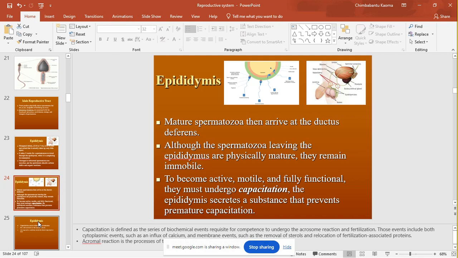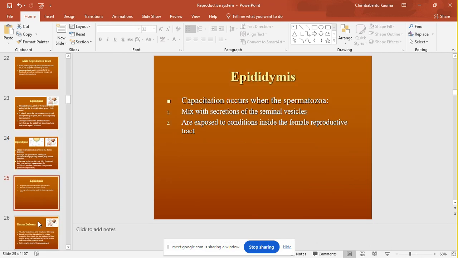And we did say that for them to become active, they must go through a process known as capacitation, and it will happen once they interact with the secretions from the seminal vesicles, but also after exposure in the vagina environment. Okay, so we've already said that.